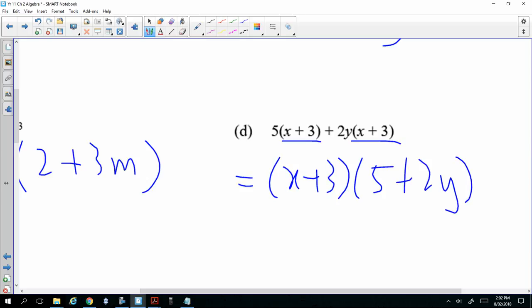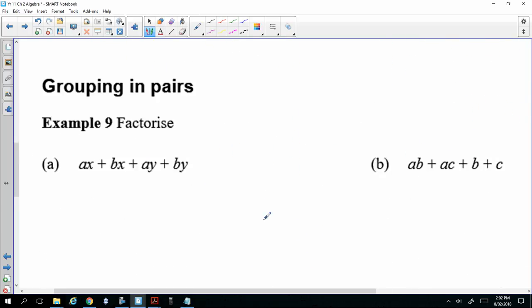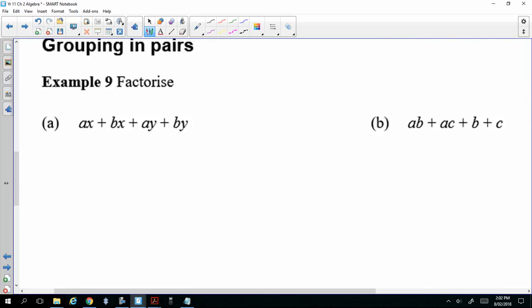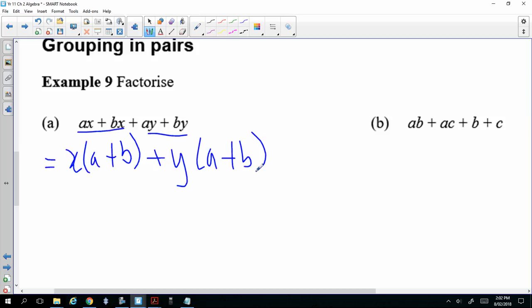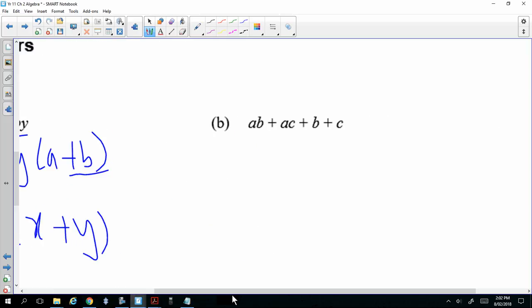Next, we can group in pairs. So these two have a common factor x, these two have a common factor y, and then they both have a common factor of a plus b, and put the x plus y inside.